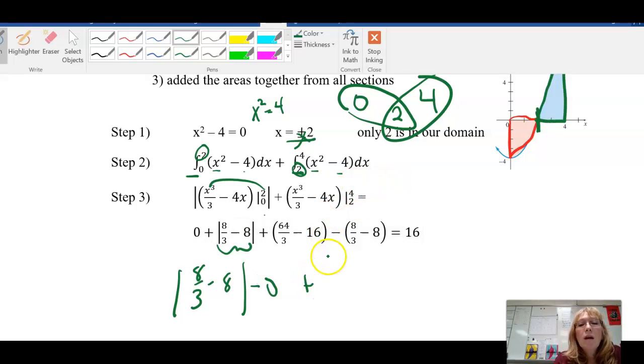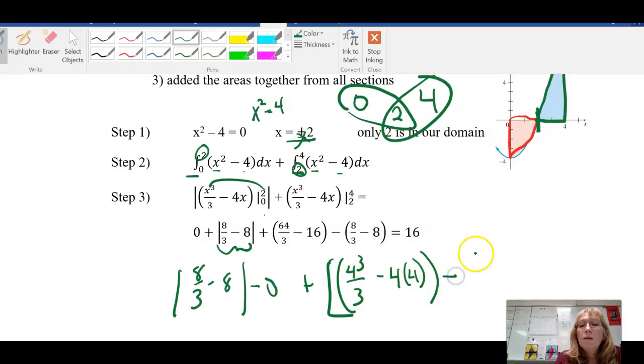Plus, we're going to plug in our 4. So we've got 4 cubed over 3 minus 4 times 4, right? This minus 2 cubed over 3 minus 4 times 2.